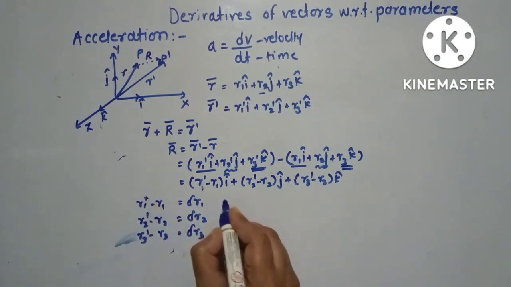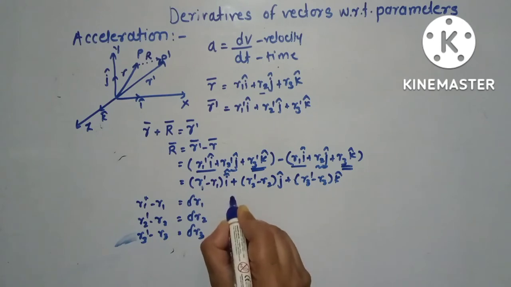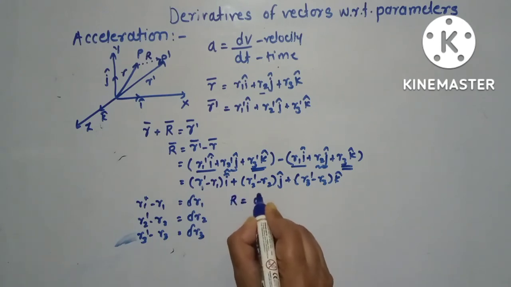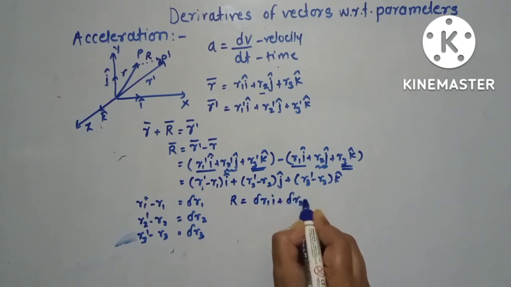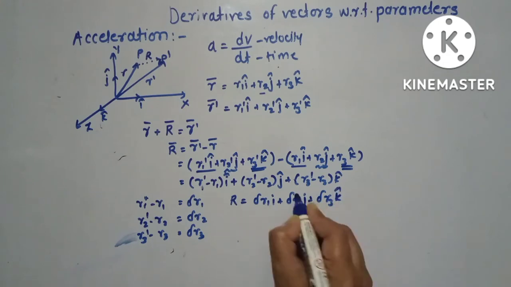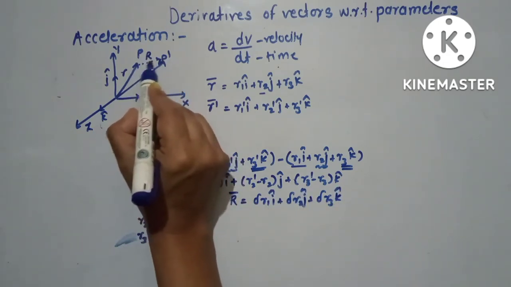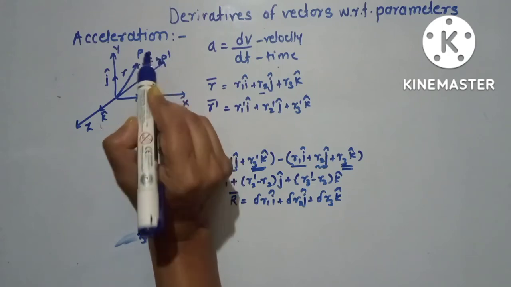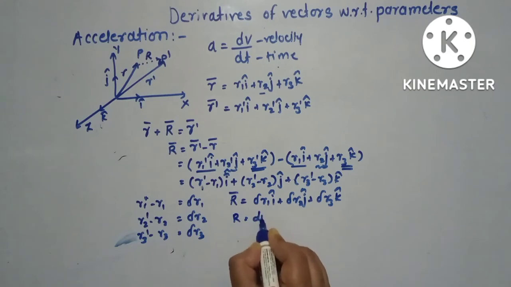Putting these values in the equation, we get R equals delta r1 i plus delta r2 j plus delta r3 k. This is the vector giving the displacement of the point, so I will call this R the displacement.